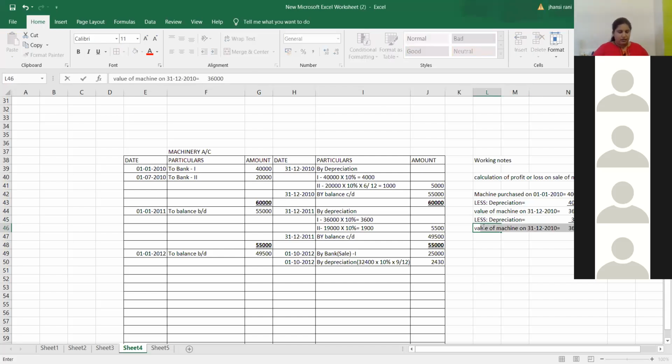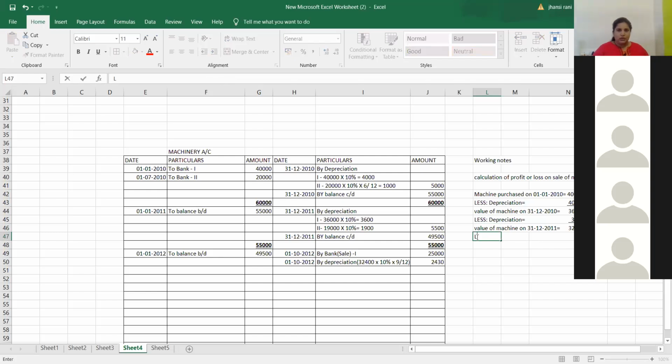So again we write here value of machinery on 31st December 2011. It is 32,400.